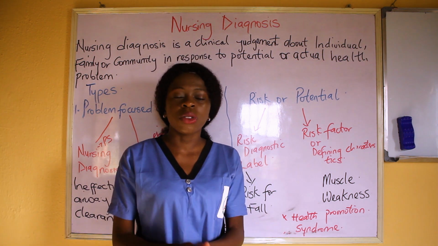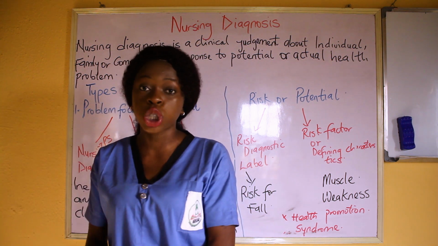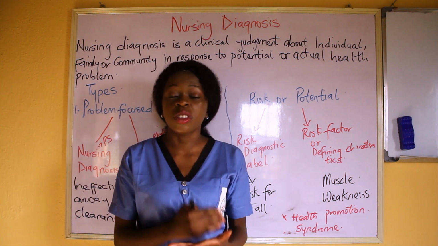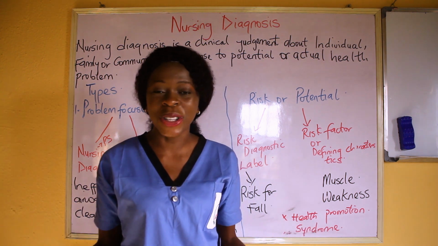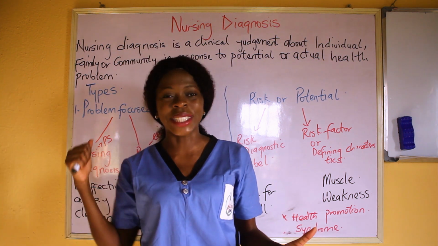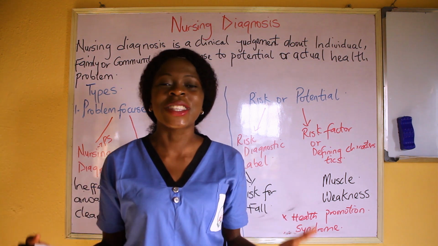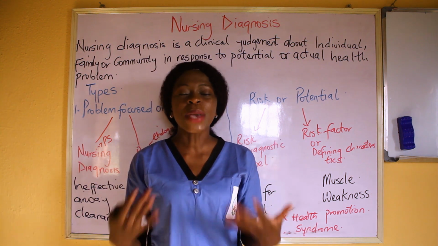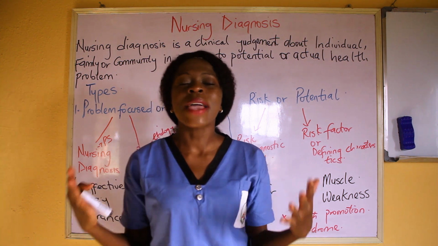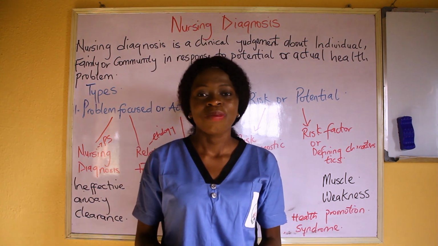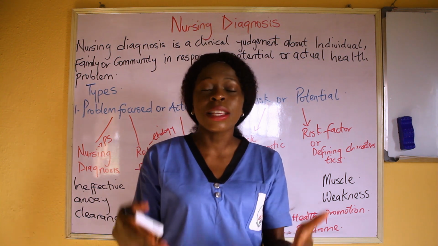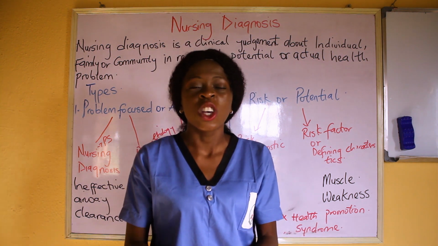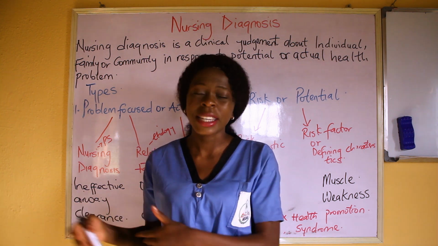There are other types of nursing diagnosis, which are health promotion nursing diagnosis and syndrome nursing diagnosis, but we hardly see that. So the ones that we are more focused on in terms of our exams are the potential and actual nursing diagnosis. Then the big question is, how do I make my nursing diagnosis? When a patient walks into the hospital setting, the signs and symptoms that you see in that patient will determine the nursing diagnosis.